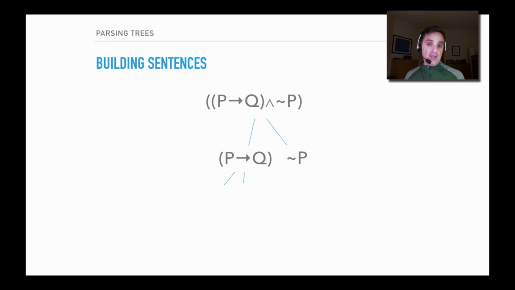So we need to break the conditional into the P and the Q. And we need to break the negation down and get rid of the negation and be left with just the P. And once we've done all that, we've broken the whole thing down to sentence letters. And there we go, we're done. So that's a parsing tree. You can either build up a sentence, or when you're given a sentence, you can break it apart, and you get the same tree. It's just a matter of going from the bottom or going from the top.